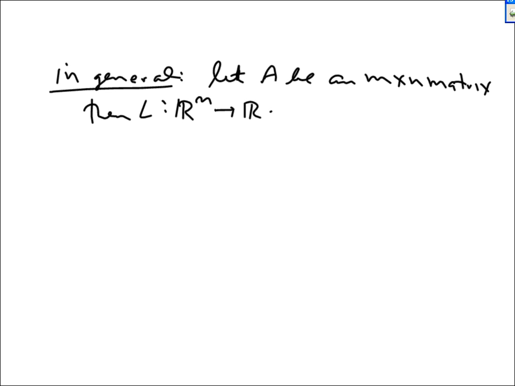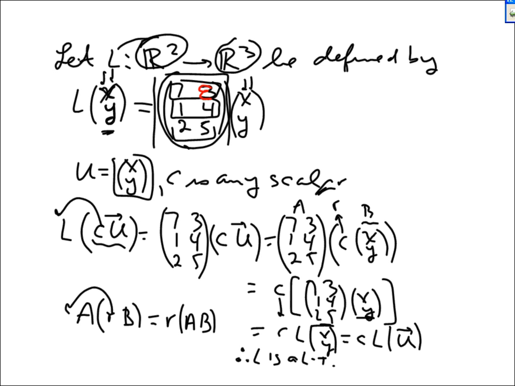And then let's look at the last problem for a moment. We are going from R2 to R3. But yet this matrix down here is, let's see, a 3 by 2.